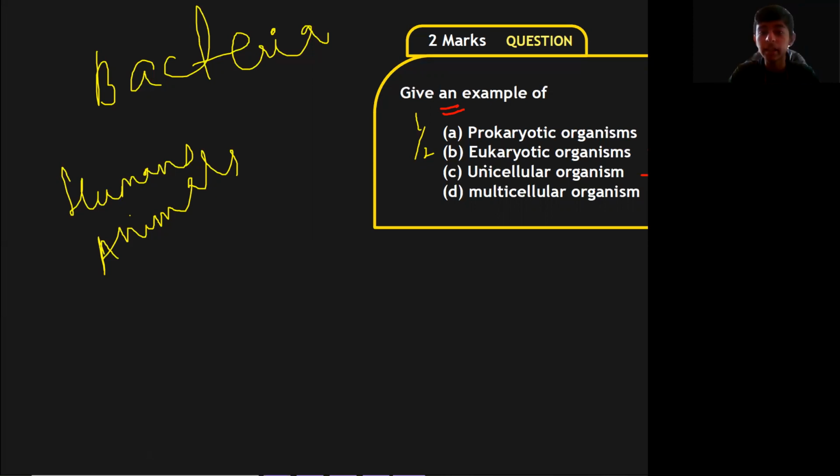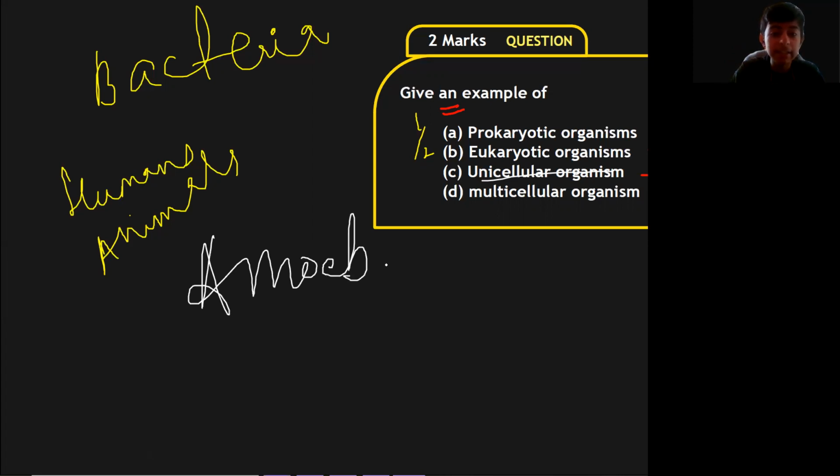Then unicellular organisms, meaning made up of only one cell. It is based on the number of cells. So we have amoeba. In amoeba, only one cell is present, and it obtains its food by the process of endocytosis when it forms pseudopodia, false feet. We must have read in nutrition about amoeba. You all have read, no? Unicellular organism, amoeba.